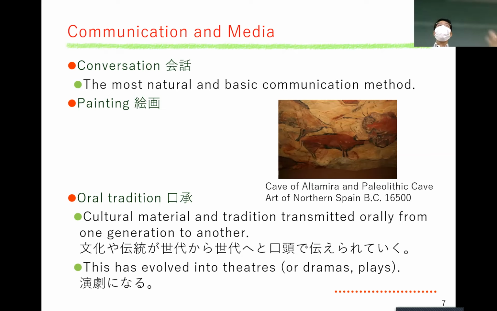If there is an interesting story, then it's easy to remember. So people can tell the story, remember it, and transmit it from generation to generation. And in most cases, they also include some music or in some cases dance. After that, this oral tradition evolved into theater or drama as a play.